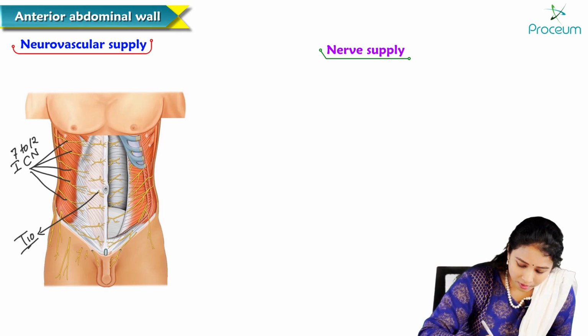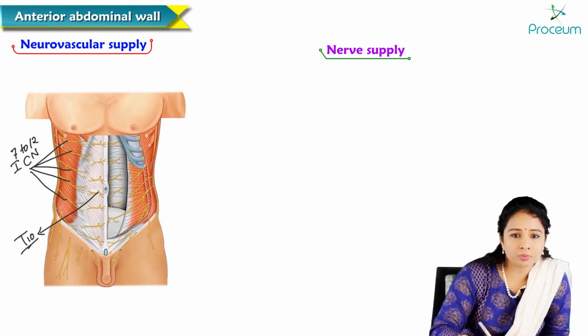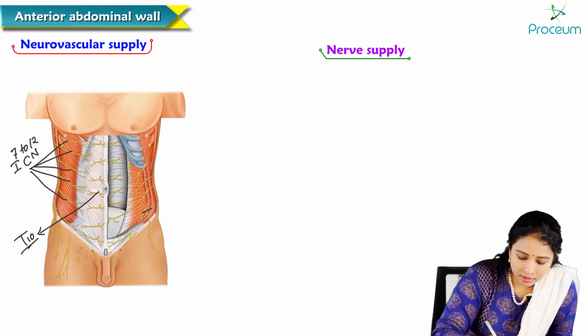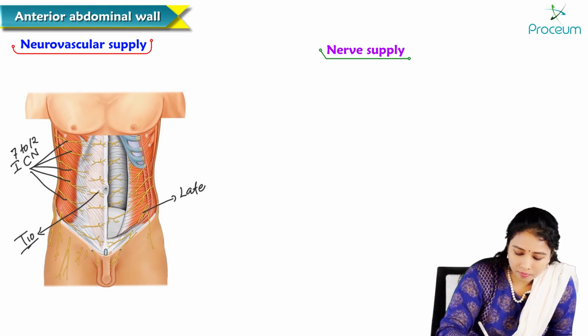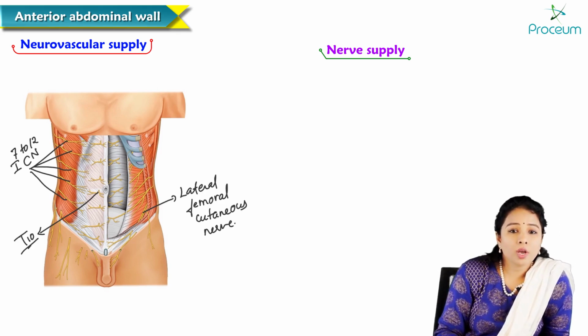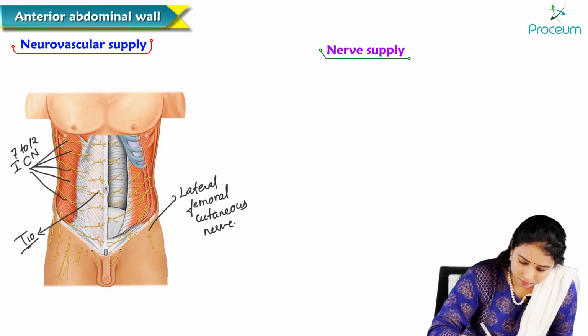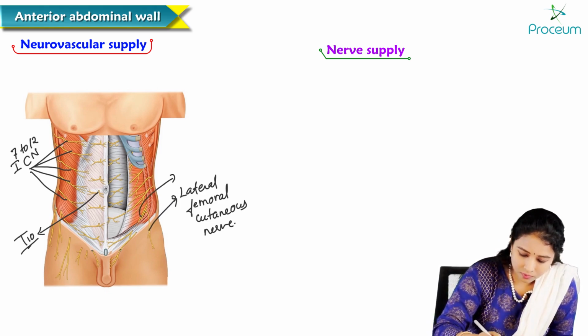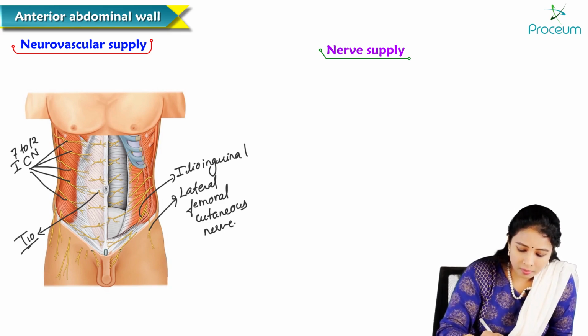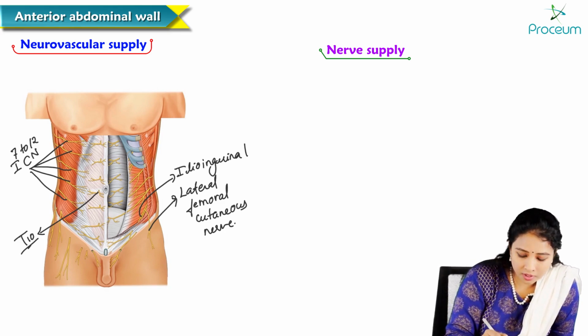The lateral femoral cutaneous nerve of thigh is present on the lateral side of the thigh, then iliohypogastric, ilioinguinal, and genital branch of genitofemoral nerve as well.